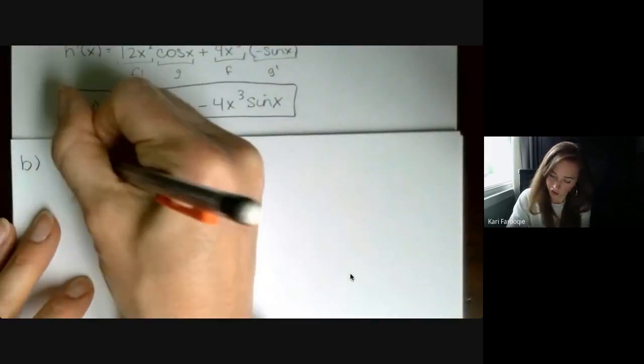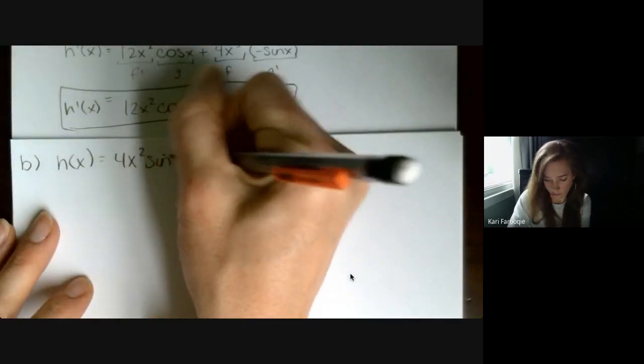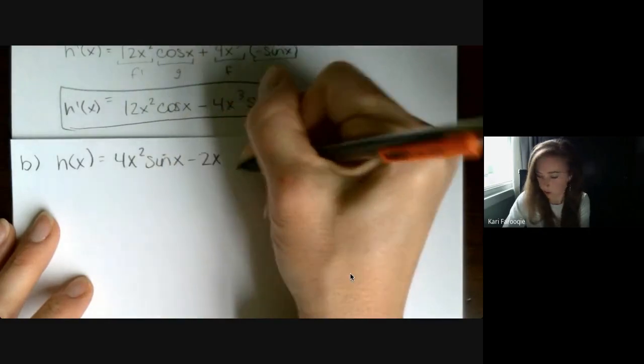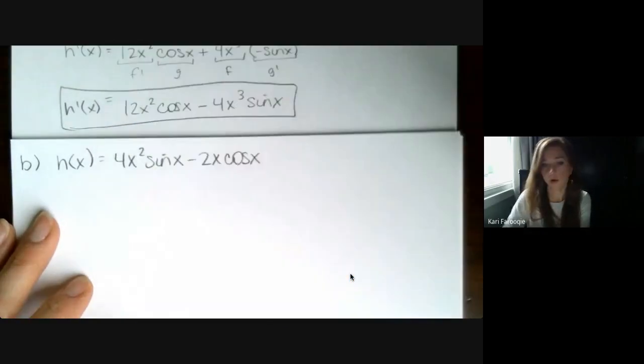B is h of x equals 4x squared sine x minus 2x cosine x.